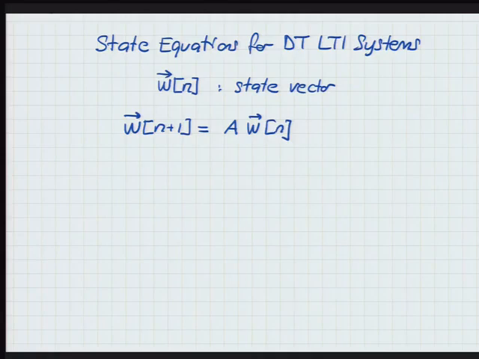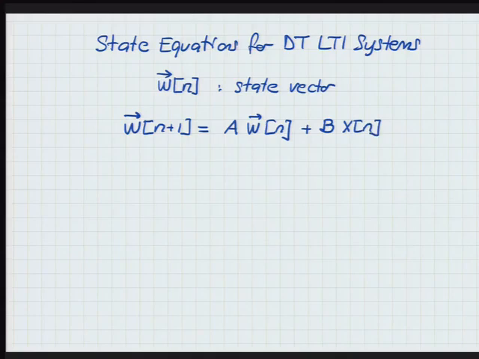To advance from time n to n plus 1, you're taking the state vector and multiplying it with a square matrix A. A is square, and its dimension is the same as the dimension of the vector. If the vector is m dimensional, this is then m by m. And then the input enters through a vector B, and we assume the input is a scalar.